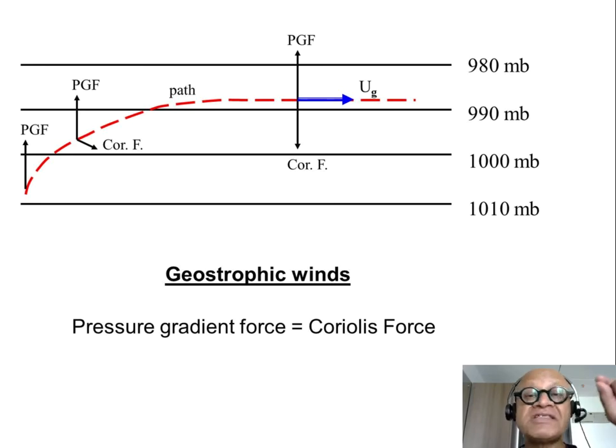Immediately you should bring up your concept that Coriolis goes to zero at the equator, which means it's very hard to have geostrophic balance, pressure gradient and Coriolis balance, on the equator or near the equator. So geostrophic winds and geostrophic currents can be very strong off the equator where Coriolis is not zero. This is a concept that you should remember.